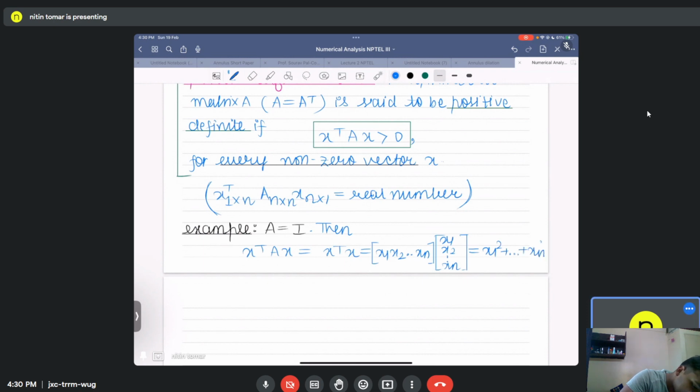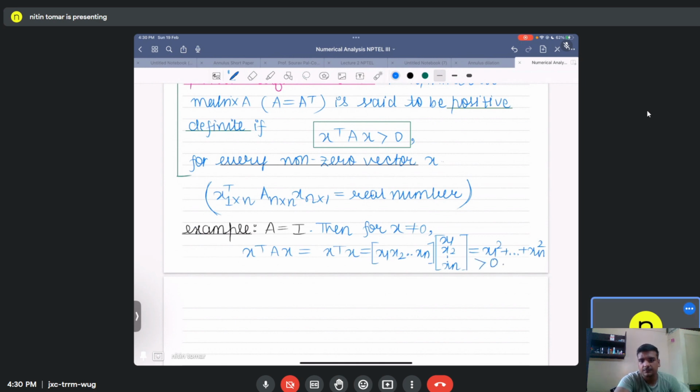So, if you have chosen x to be non-zero, then the sum of squares has to be strictly positive, right? Because if x is a non-zero vector, it will have some xi which is non-zero. So this will be strictly positive.